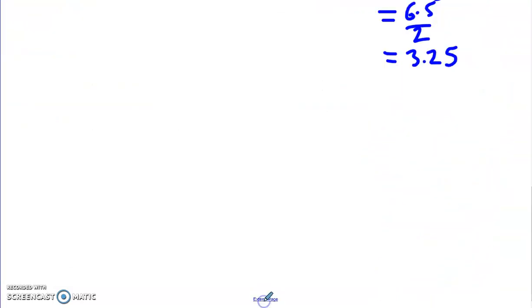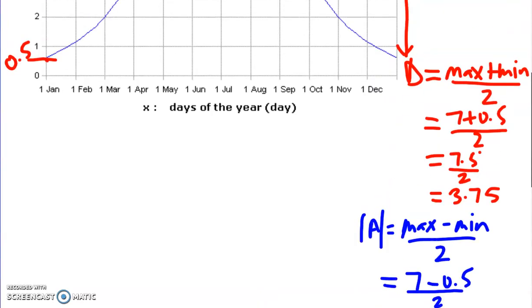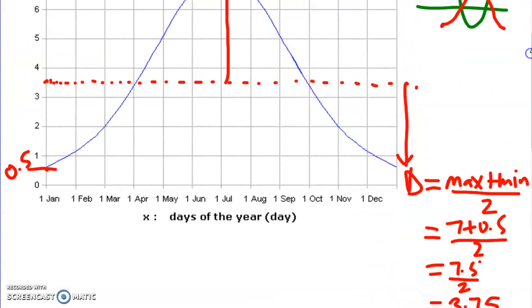So let's keep going. We can do B now. So B, in this kind of problem, it's up to us whether we choose degrees or radians. It's really our decision because we're given everything in days of the year here.